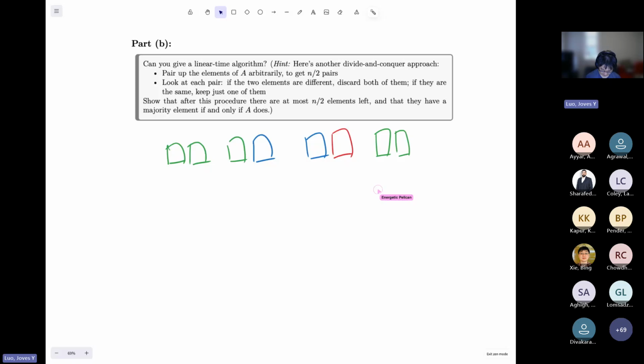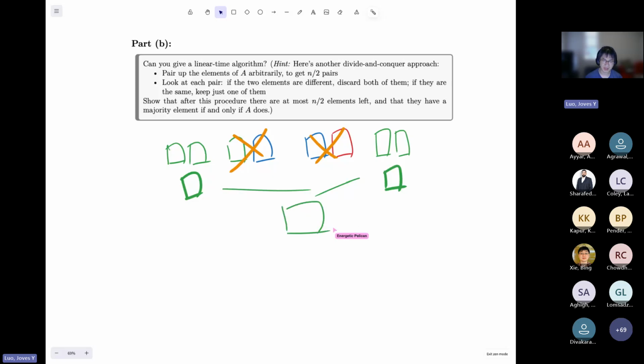And what ends up happening is that these two get eliminated, these two get eliminated. I have these two as the same, but I only need one representation of them. So this gives me this one. I only need one representation of them, so that gives me that one. And then when these two are paired up, I only have one representation, and bam, I have the majority element. Okay, so that is the basis of how this works.